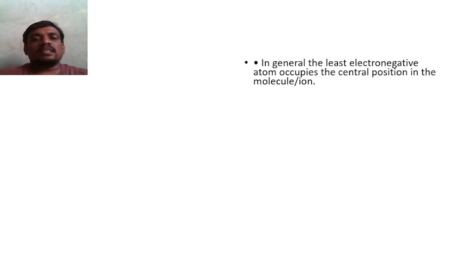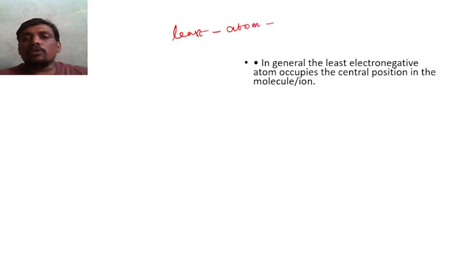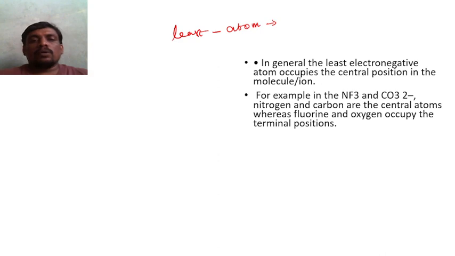Now, in general, the least electronegative atom occupies the central position in the molecule or ion. For example, NF3, nitrogen trifluoride, is there, and CO3 2 minus is there.